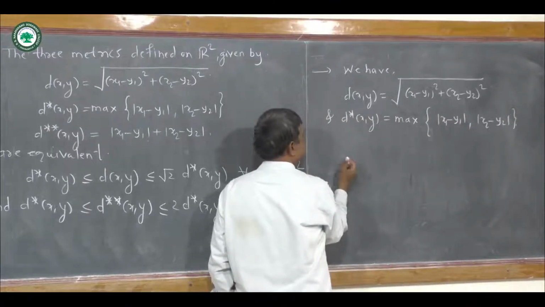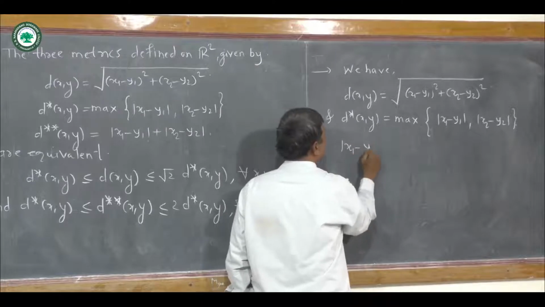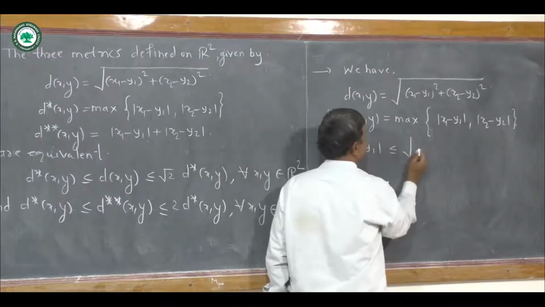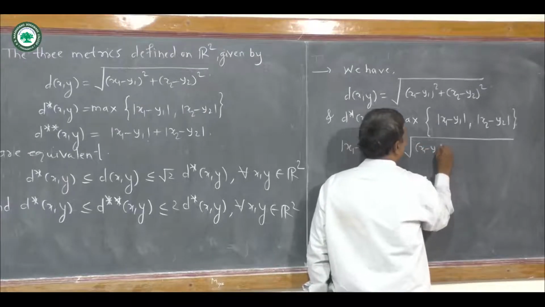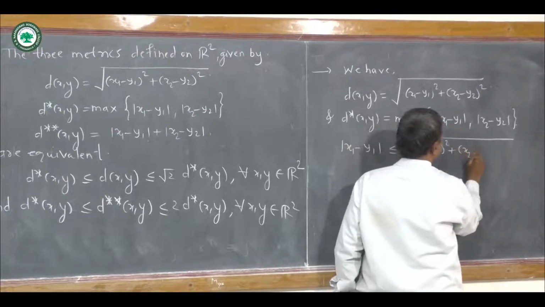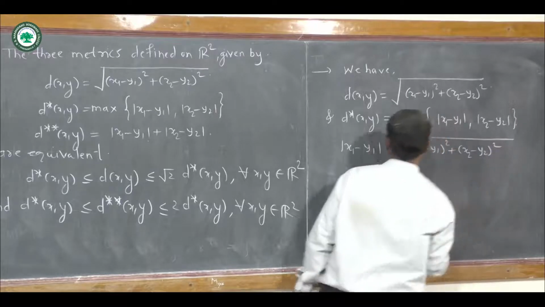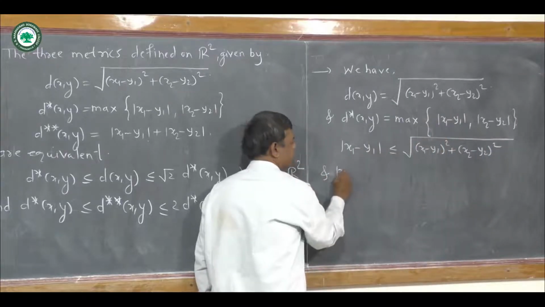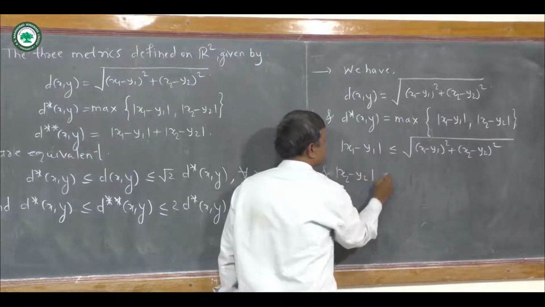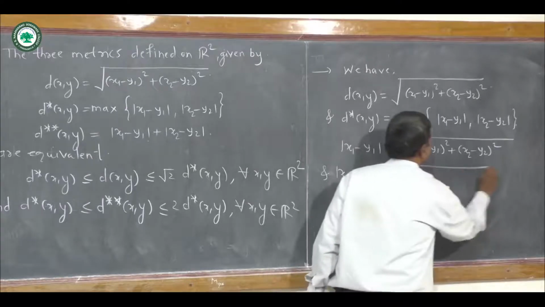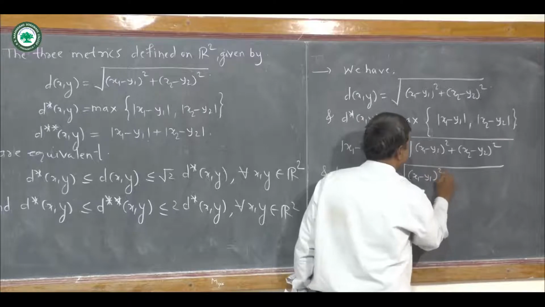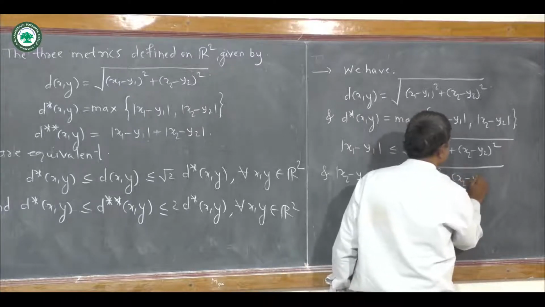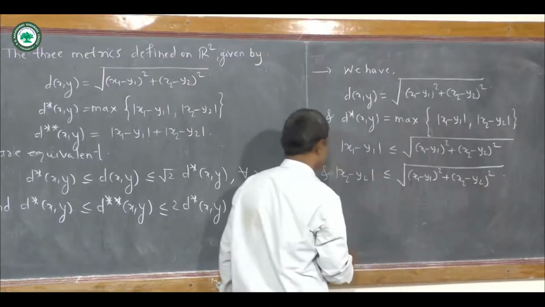Now we know that absolute value of x1 minus y1 is always less than or equal to square root of (x1 minus y1) square plus (x2 minus y2) square, and absolute value of x2 minus y2 is less than or equal to square root of (x1 minus y1) square plus (x2 minus y2) square.